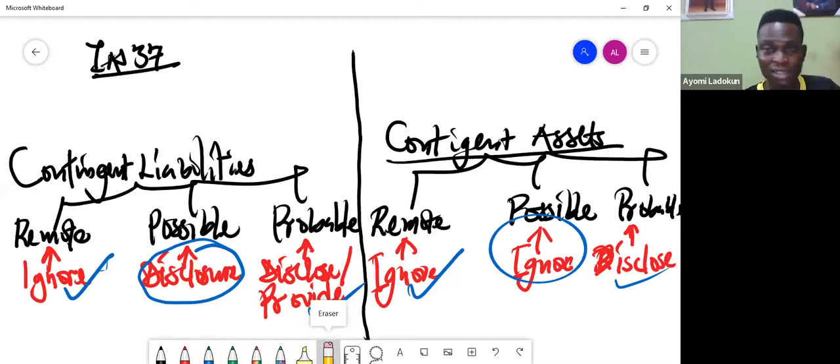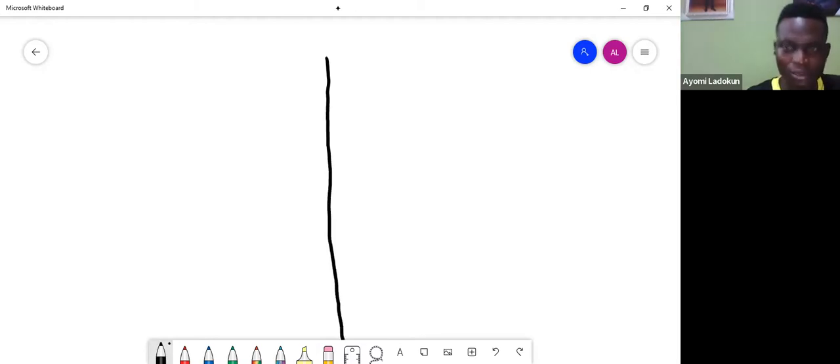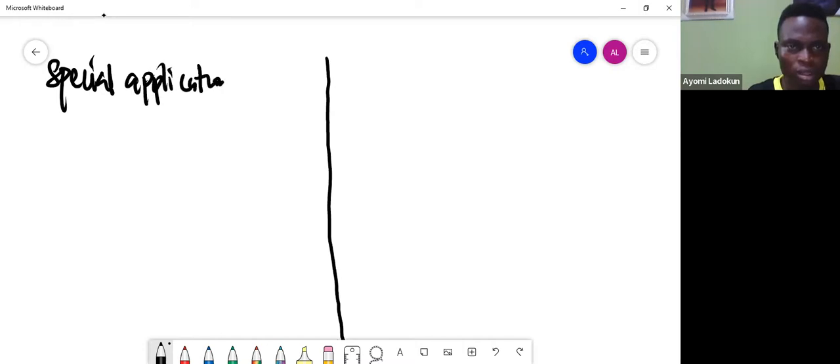I can also give you a scenario to identify if there is a contingent liability or a contingent asset. But remember, we are still on IAS 37.